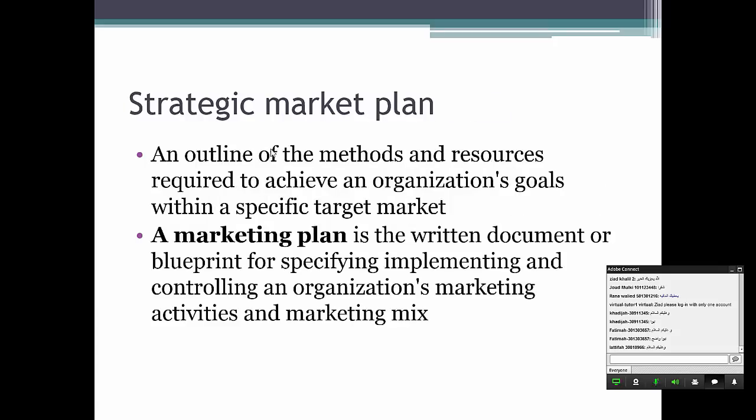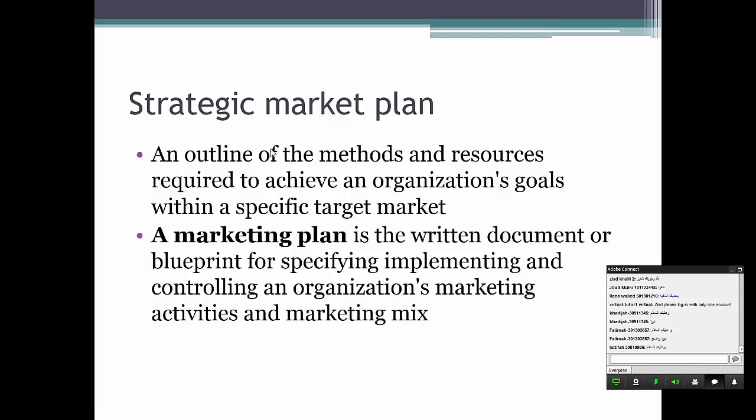So the strategic market plan is an outline of methods and resources that are required to achieve a goal or several goals. Sometimes the organization has several goals at strategic level, and we want to achieve these goals. So we define or create what we call the strategic market plan.